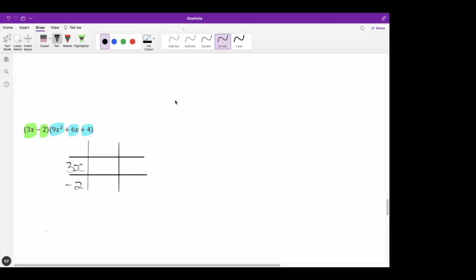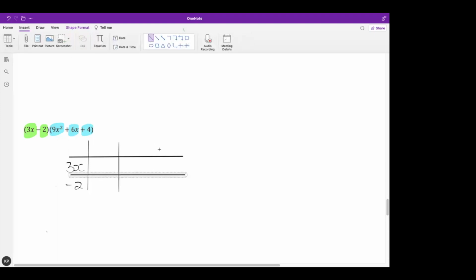And then at the top, I'm going to have to fill in my trinomial. And I just realized I don't have a big enough table, but I'll make it happen because teachers must make it happen. Maths people, make it happen. Okay. There we go. And I insert my last line.